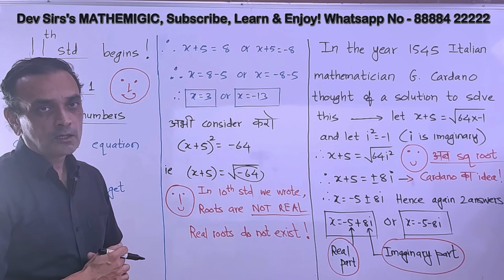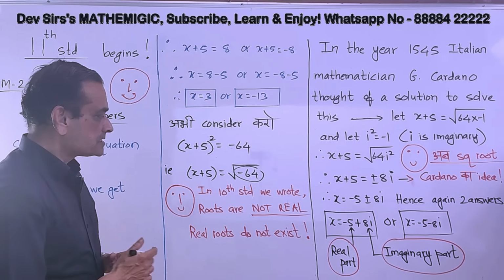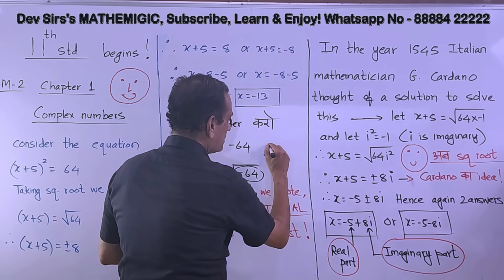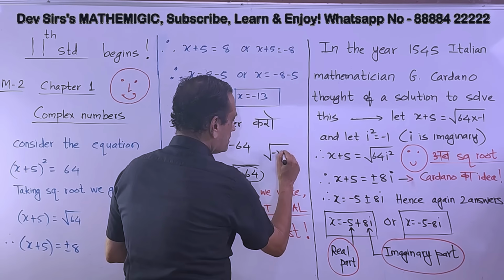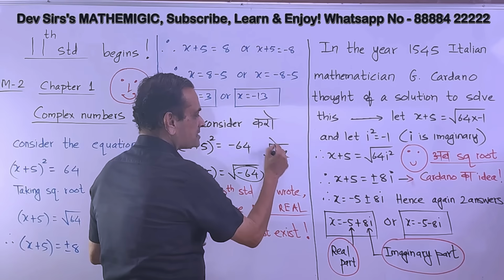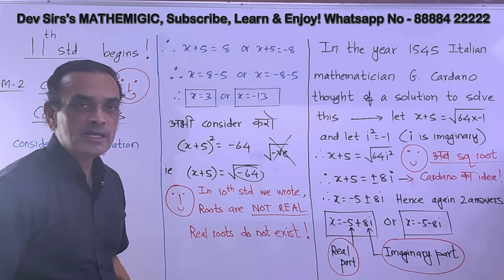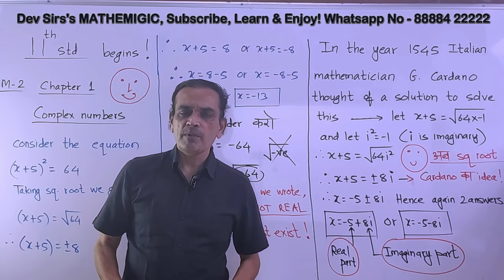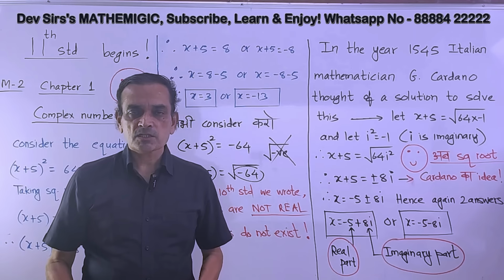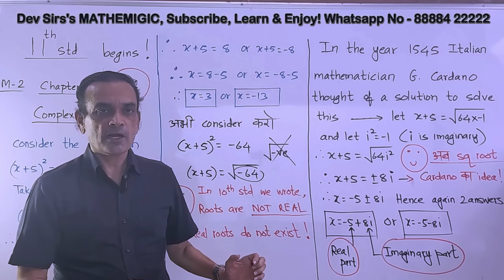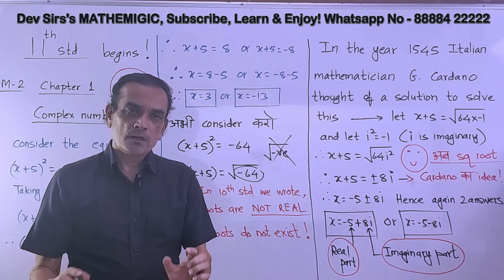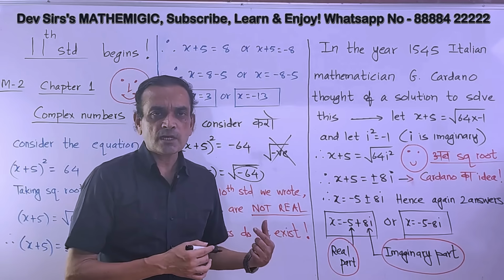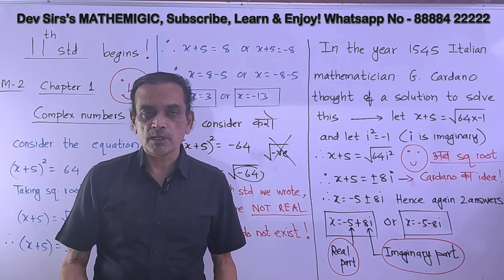Okay, so this square root of a negative number was not possible till many centuries after maths was invented. Many centuries. Okay, square root of a negative number आया तो बोलते थे not possible, and real roots are actually not possible.